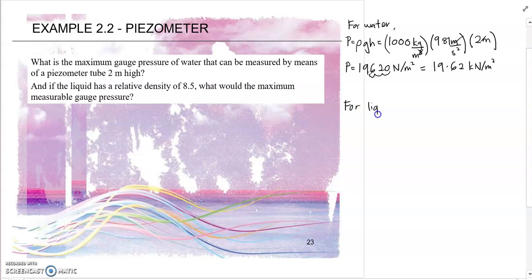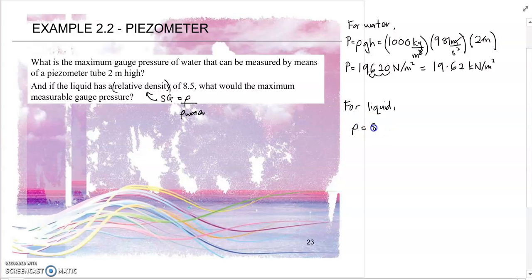Then for the other liquid, given the relative density, recall that relative density is equal to specific gravity, where the formula is Sg equals rho of that fluid over rho of water. In this case, you want to know the rho of the liquid.